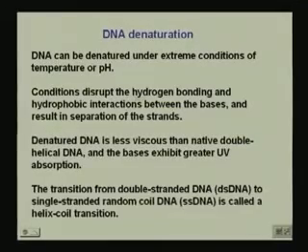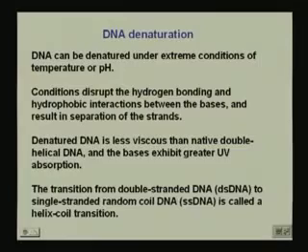So, we want to disrupt either the hydrogen bonding or the hydrophobic interactions or the stacking interactions, whatever intercalations, just to separate the strands. Denatured DNA is less viscous than native double helical DNA, and the bases exhibit greater UV absorption. We will see that in a minute.